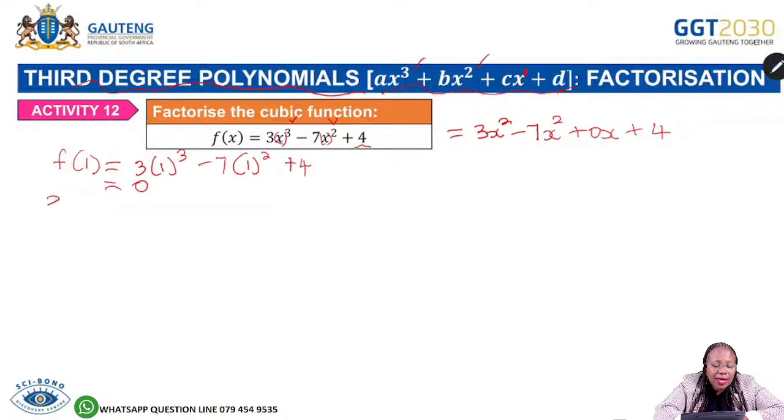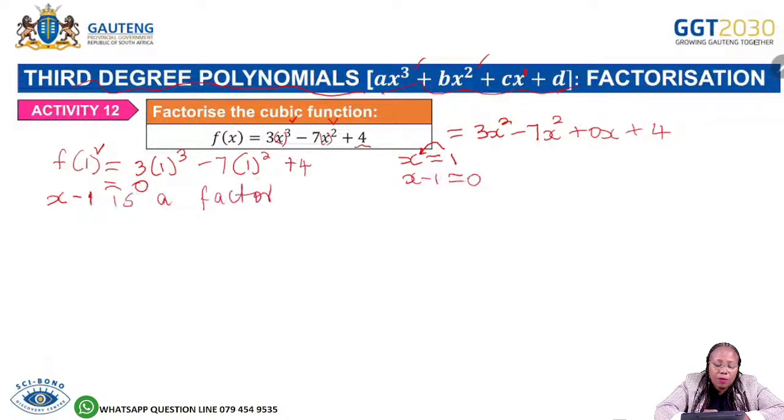It means x equals plus 1. You have substituted plus 1, but remember, if you have substituted plus 1, you take this back, it will be x minus 1. We are reversing what we've been doing previously. So x minus 1 is a factor. Happy now? At least we have one factor there.